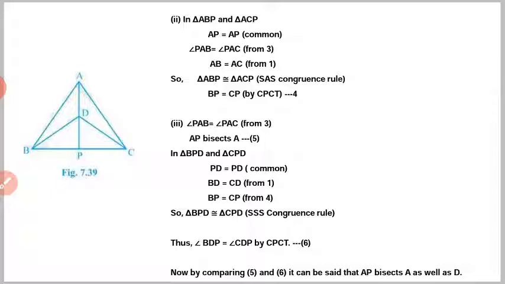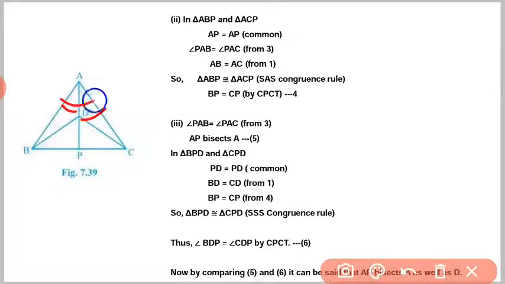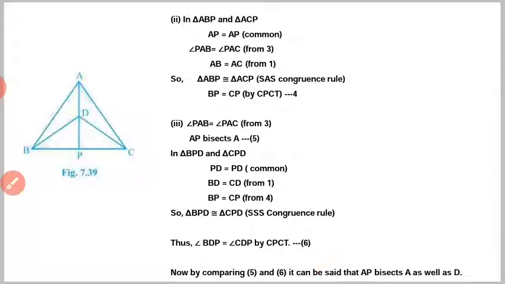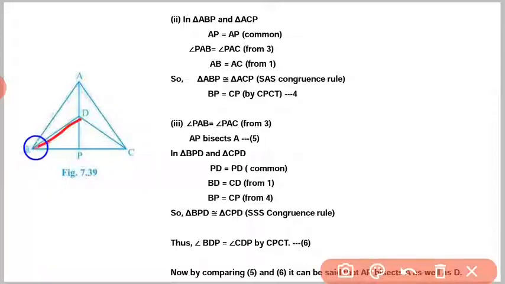So these two angles are equal. That means AP divides this angle into two equal halves, and therefore AP is a bisector of angle BAC, or it bisects angle A.